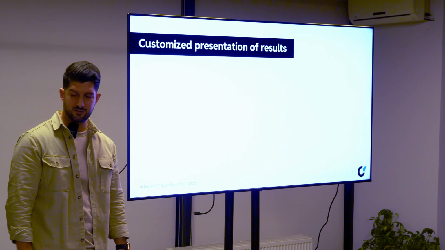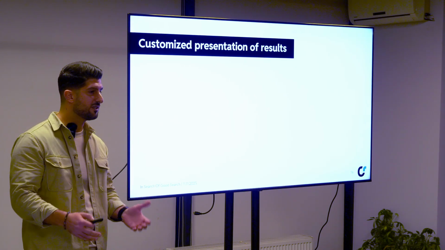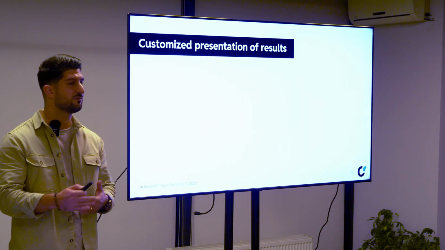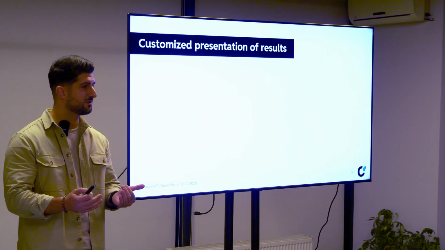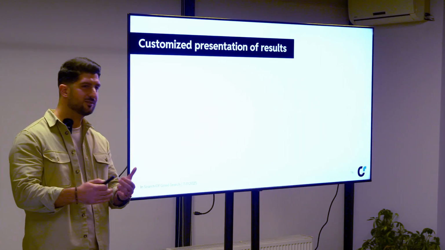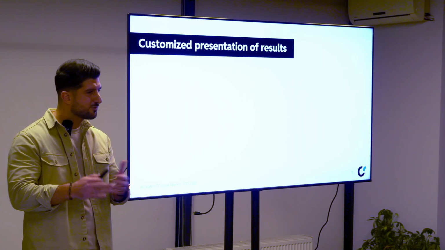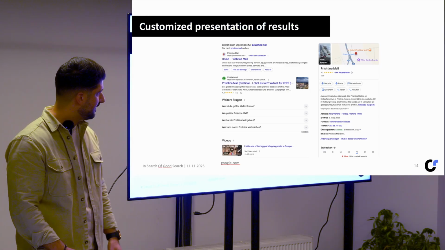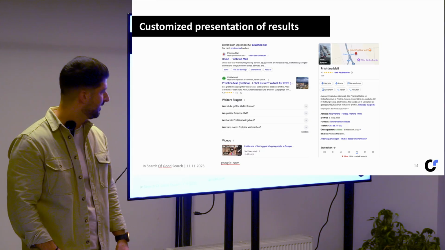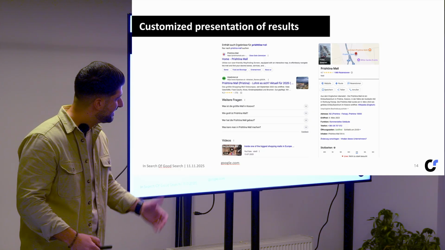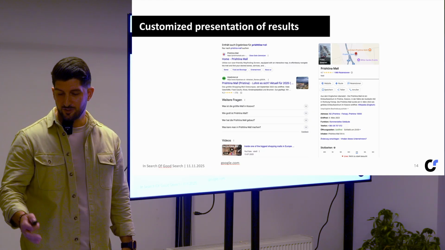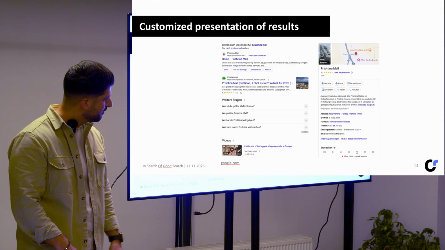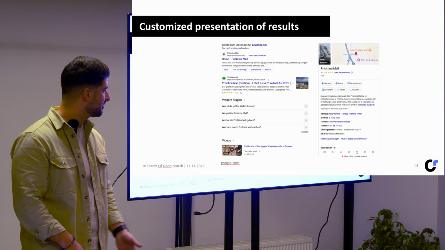Then also you can customize the presentation of the results. As mentioned before with this Confluence example, you have different types of content that show up in the results. And like 20 years ago, you would show everything in a list, not differentiate it. But here, the best example for me is Google. Here I searched for Pristina Mall, and as it is a place, of course, it shows me all the place-relevant data, like Google Maps, with the information on how long it is open and so on.